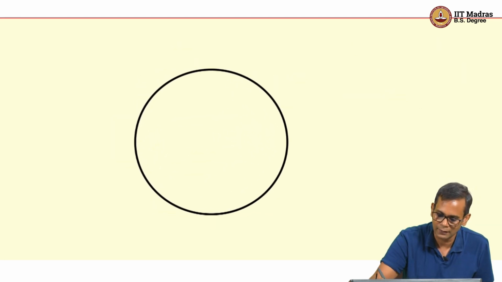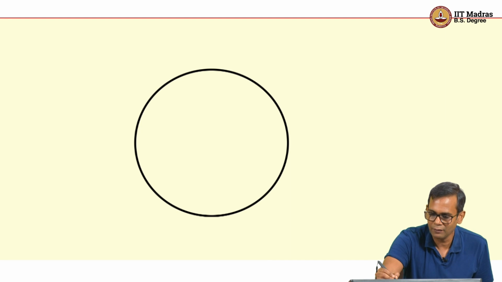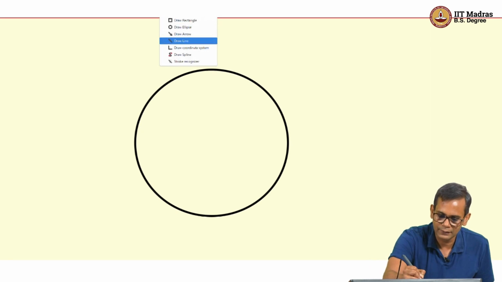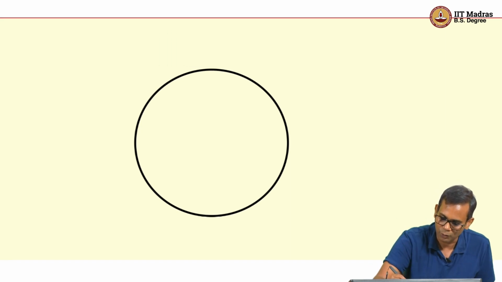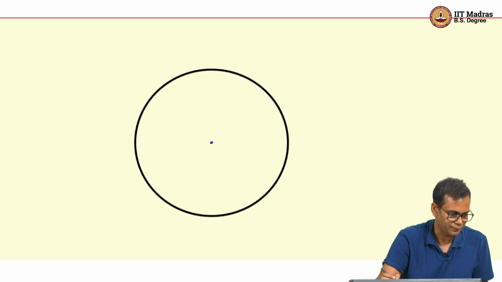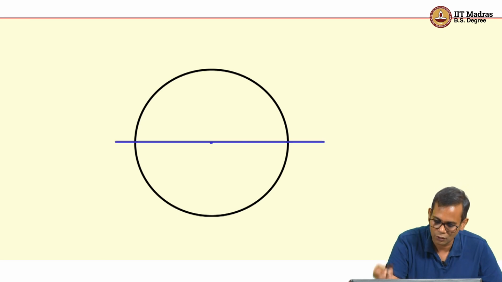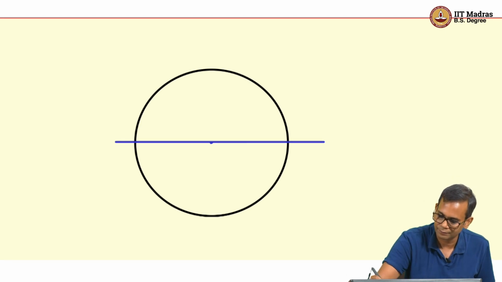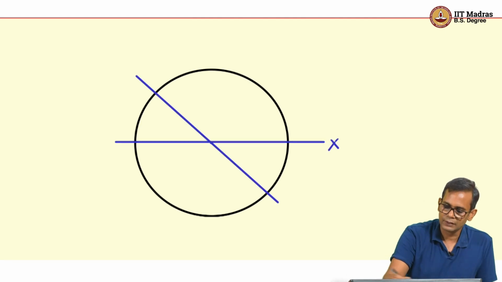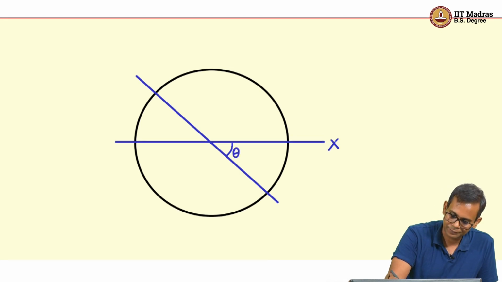So, here is my equator, and let us take the center point here, and let us draw the x axis. So, this is the x axis, and here is a line drawn at angle theta to the x axis.